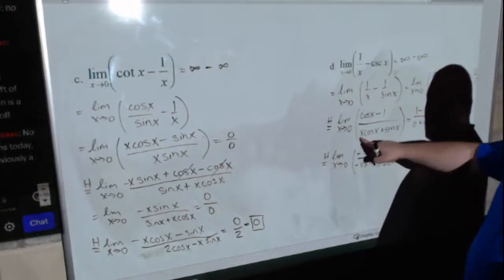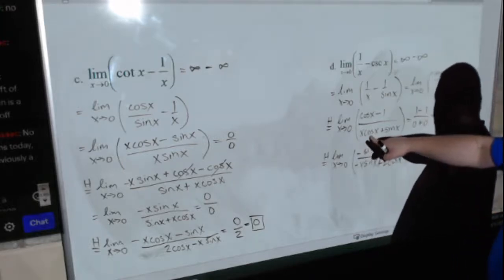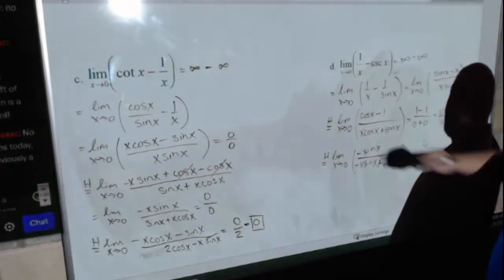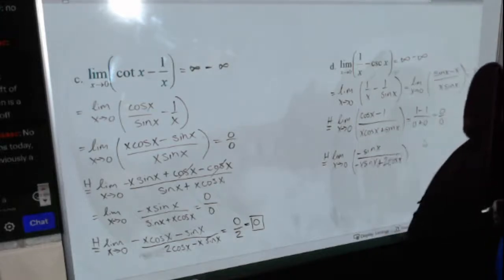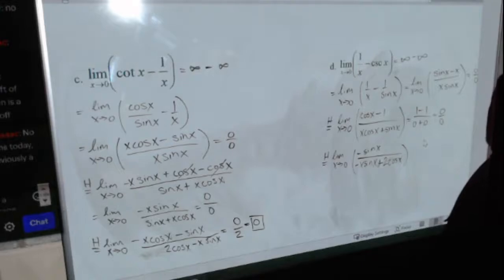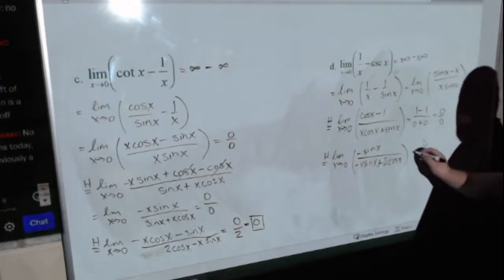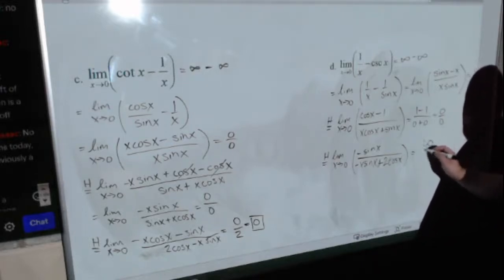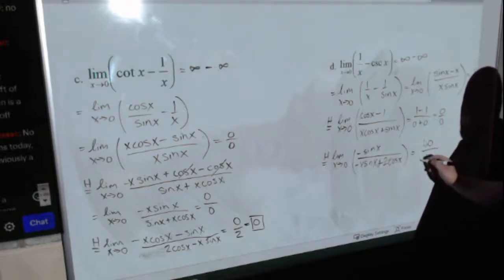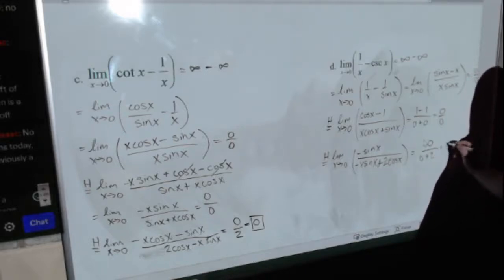Right, so I would get a derivative of x is 1, that would give me a cosine, and then I would get a plus cosine out of that one. Alright, substituting again, looks like 0 over 0 plus 2 again, or 0.